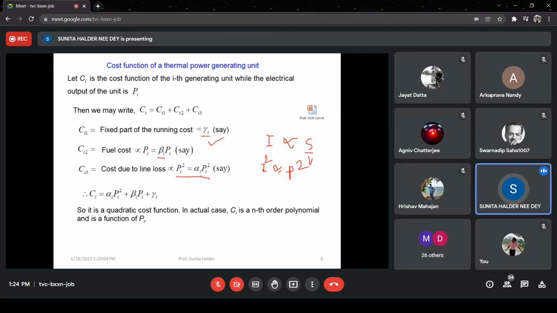So alpha, beta will vary from generator to generator. The same 20 megawatt generator may have different alpha, beta, because the method of converting mechanical energy to electrical energy will not be the same. Two things cannot be identical. So alpha, beta will be different.